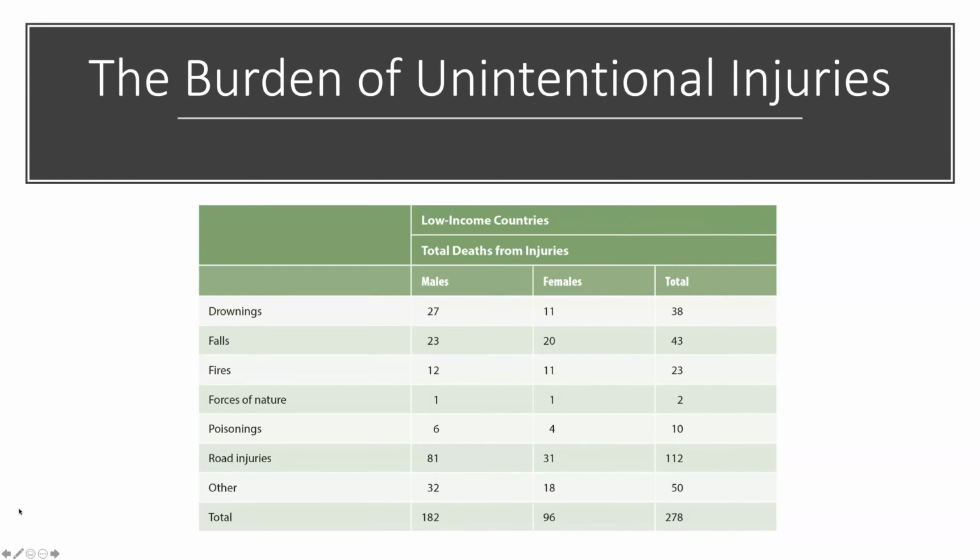If you look at lower income, it's about the same. You still have that high rate of falls and a high rate of road injuries. And then in low income countries, you still have that high rate of road injuries and falls, and then the fires and the drownings are coming in.